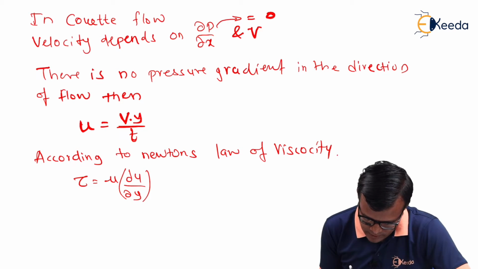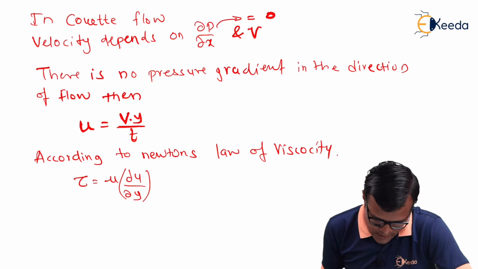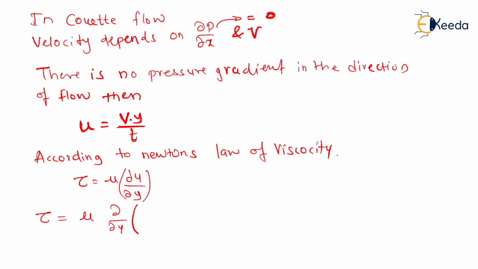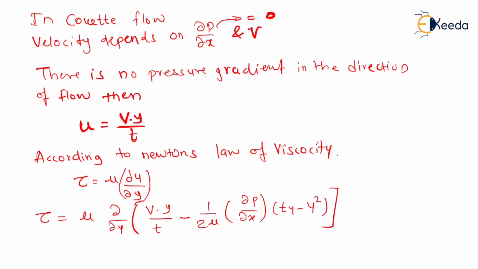Here we have to find the value of mu, hence we can calculate tau equal to mu d by dy of u, which is nothing but v into y upon t minus 1 upon 2 mu delta p by delta x into (ty minus y square). This is the square bracket term.